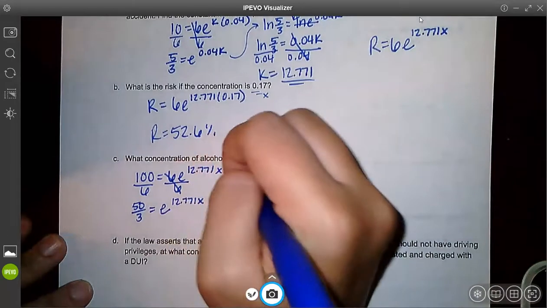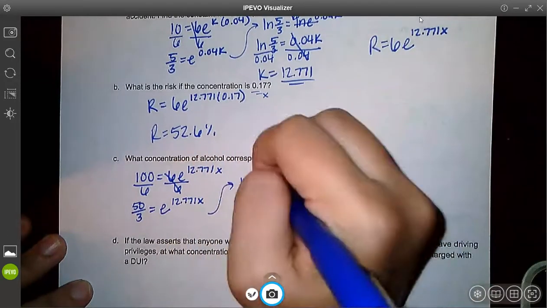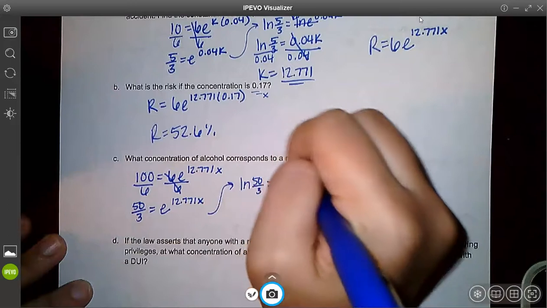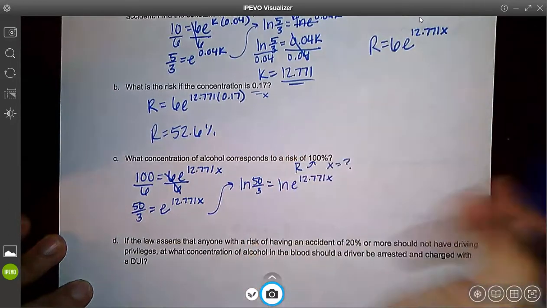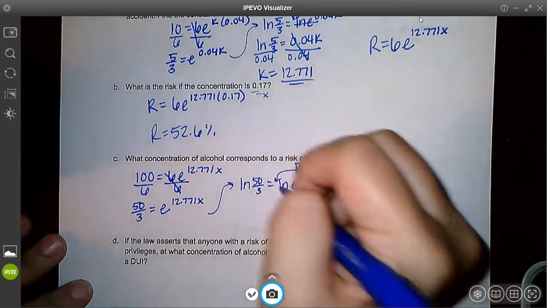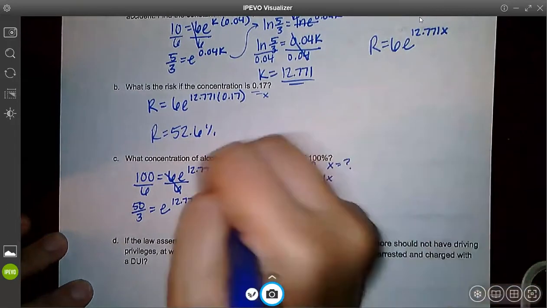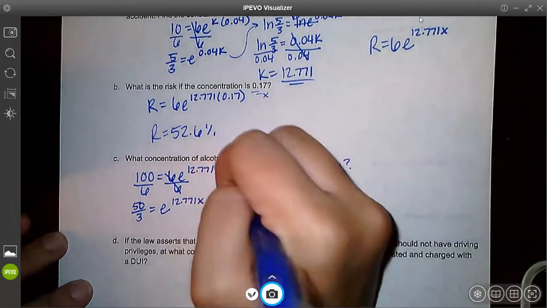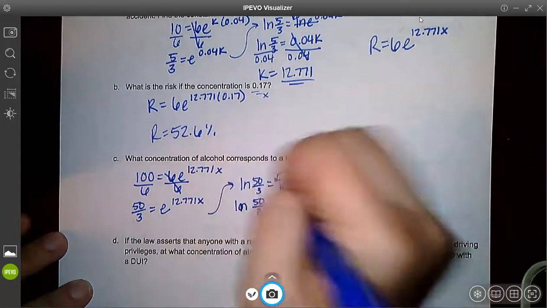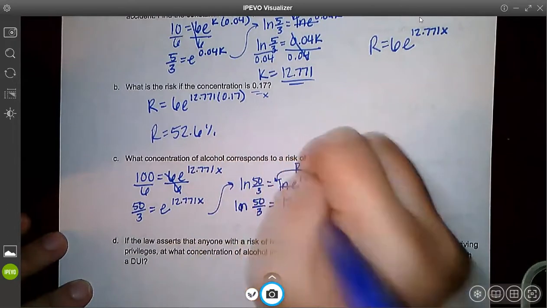So the natural log of 50 thirds equals the natural log of e to the 12.771 X. Using the power rule to bring that out and then canceling those, the natural log of 50 thirds equals 12.771x.